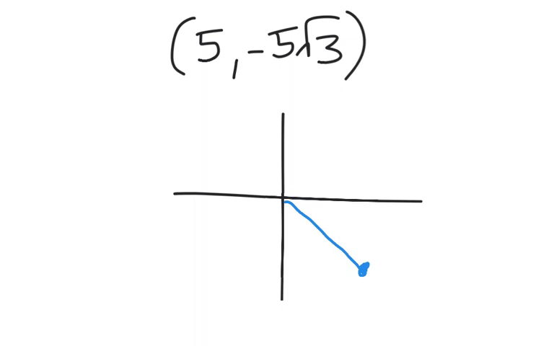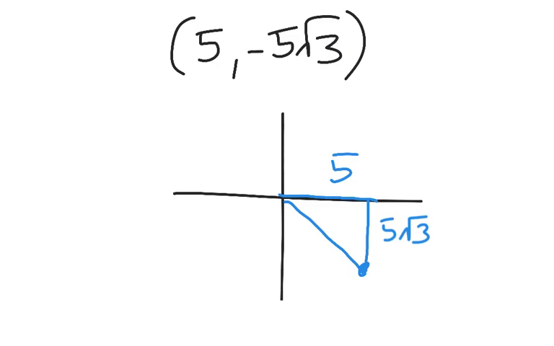like so, and then I drop a perpendicular foot here to make a right triangle, I know that I went to the right 5, so this leg has a distance of 5. I went down 5 radical 3, so this leg has a distance of 5 radical 3.